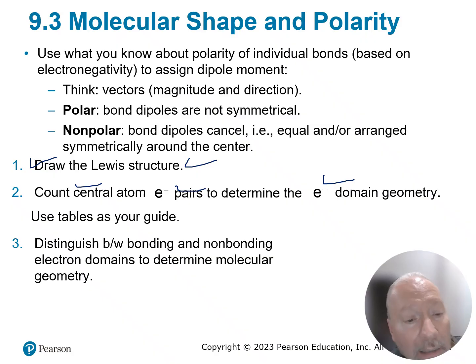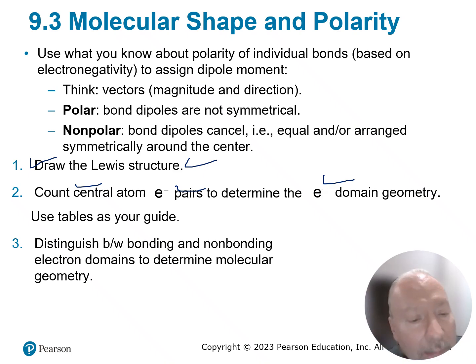Then you want to get the electron domain geometry with all of the electron pairs, or all the domains, that are attached to the central atom, as we went through. Figure out the geometry. Then you want to look at the molecular geometry by eliminating any lone pairs in your deduction of the geometry, minus the lone pairs as point groups.